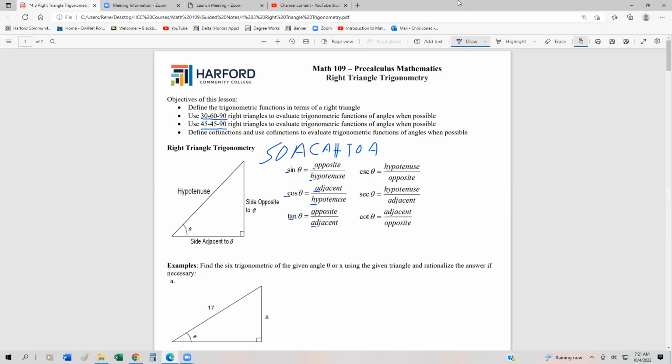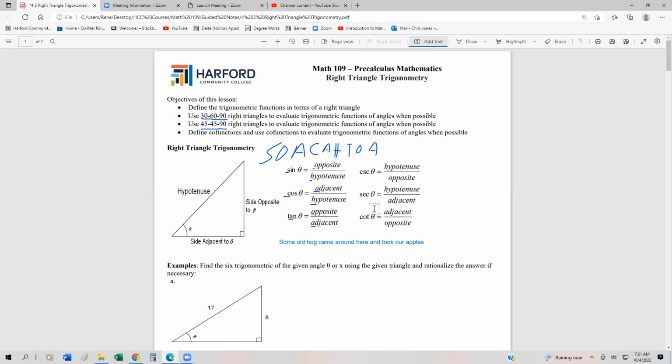A way to remember it, which I read in one of the textbooks, is the saying: some old hog came around here and took our apples. So if you ever forget SOH-CAH-TOA, maybe just have this vision in your head of some old hog that came around here and took our apples. If you look at the first letter of each word, omitting the word 'and', that might be a way for you to remember the first letters.